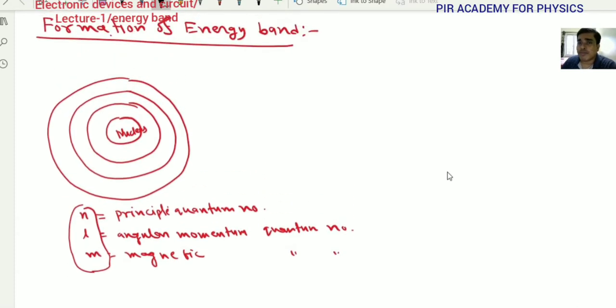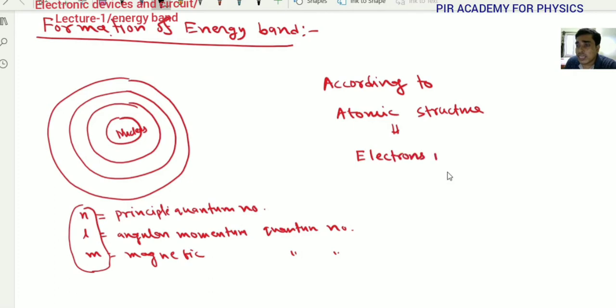Now you know, according to atomic structure, that electrons in an isolated atom have certain energy levels.